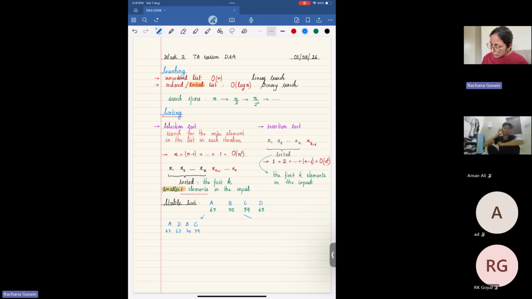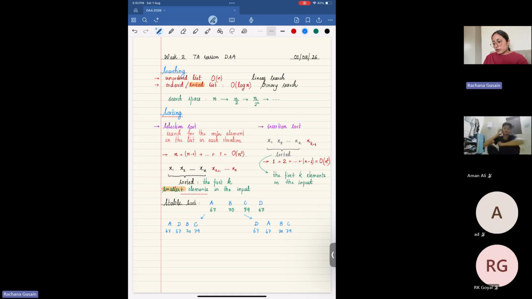And I can also have a sorting algorithm which will produce the following output. It can generate D as the first element in the list, then A, then B, and C. Right? So 67, 67, 70, and 79.